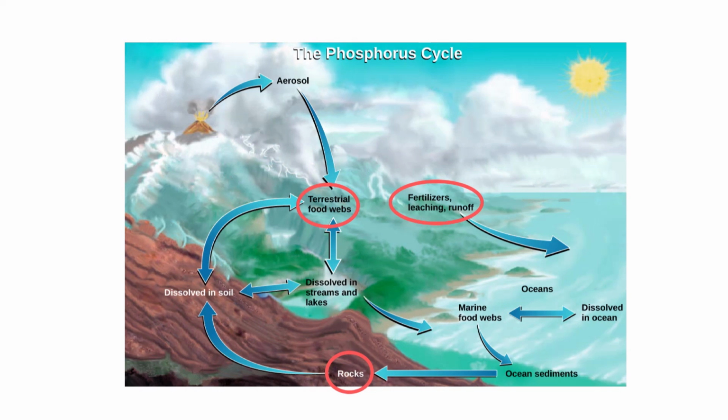So phosphorus, the major source of phosphorus is rocks, and some of it is moving around in terrestrial food webs, and some of it leaches into aquatic systems through fertilizers or through runoff. The majority of phosphorus on the planet is in rocks, and so there's very little of it moving around at any one time. So some of it gets dissolved into water bodies, and other parts of it get moved into the rocks.